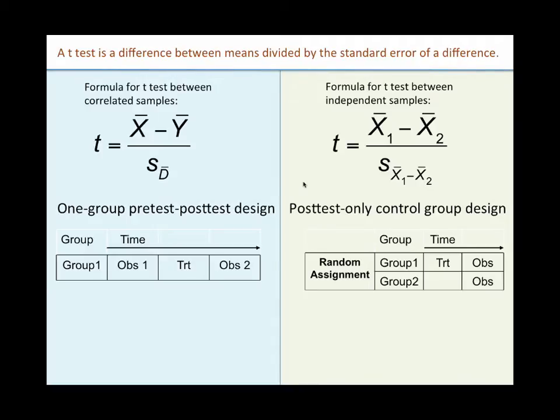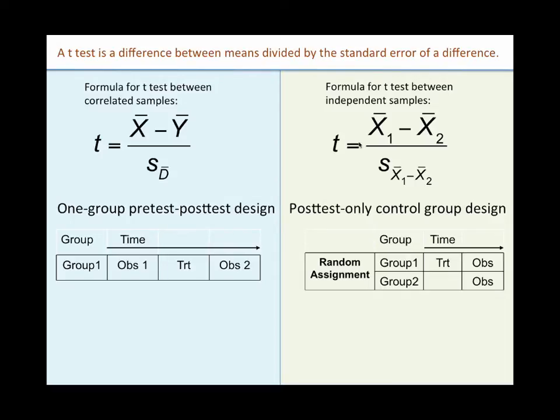After we compute a t-value, we'll need to look up the critical value based on degrees of freedom to see if it is equal to or greater than the critical value, and if it is, then we will reject the null hypothesis. And if the mean of the experimental group, group 1, is greater than the mean of the control group, group 2, then we will conclude that the treatment did have an impact, or we might say made a difference in the learning of the people in group 1.